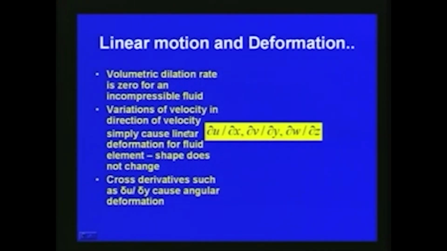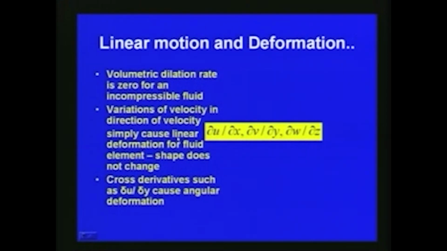So we can write the variation of velocity in the direction of velocity as del u by del x, del v by del y and del w by del z. Del u by del x gives the variation of the x velocity in x direction, del v by del y gives the velocity change in the direction of y, and del w by del z gives the velocity change in the direction of z for w.